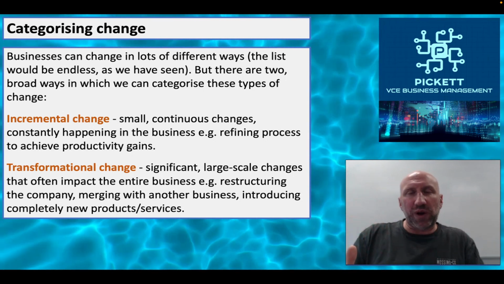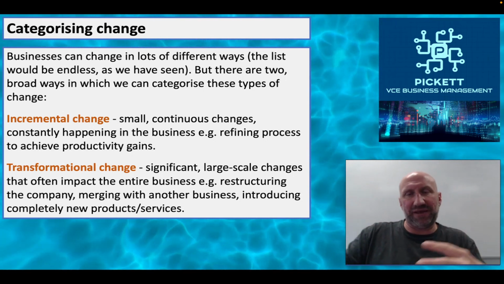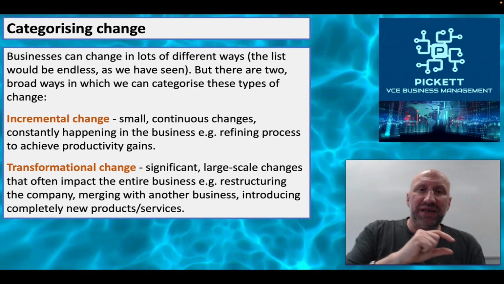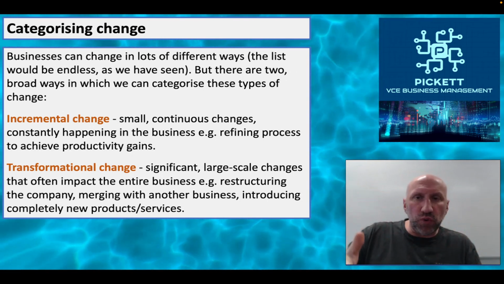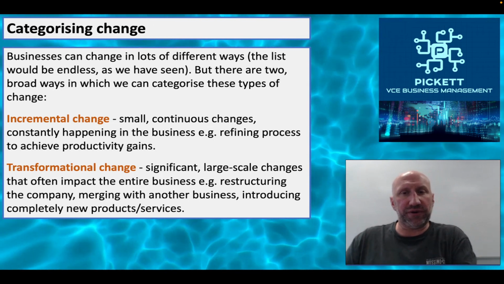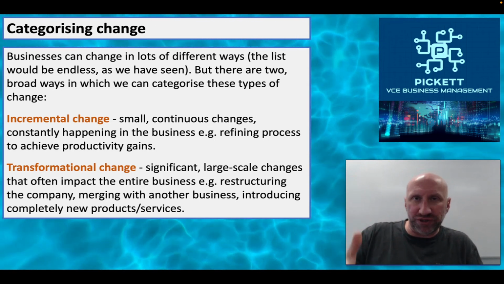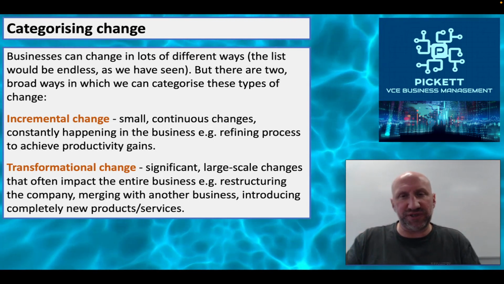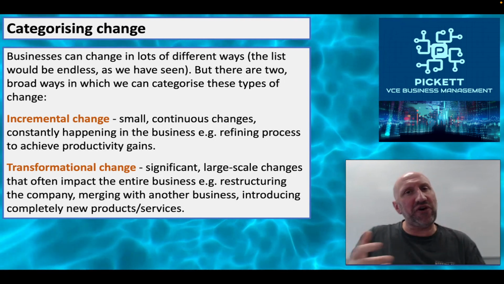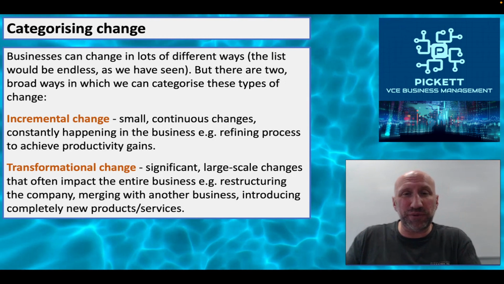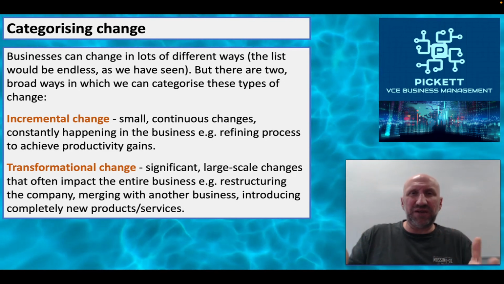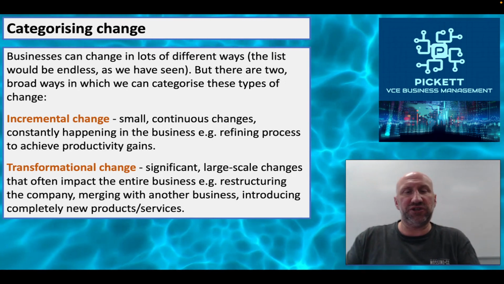But there's two broad ways in which we can categorize how the change is going to happen, okay? Incremental change, which is where there are small continuous changes going on. So the business is constantly making small adjustments, little tweaks, refining processes to achieve productivity gains, for example. That's deemed to be incremental change.